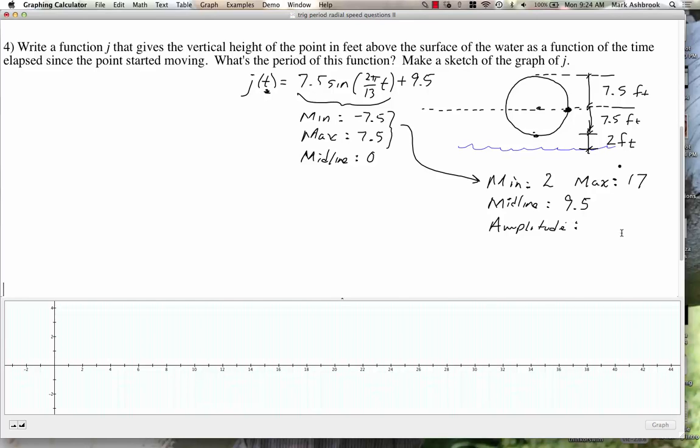What is that in this case? 7.5. Okay, and then we got the period as 13. So all these things we're putting together to sketch this graph.